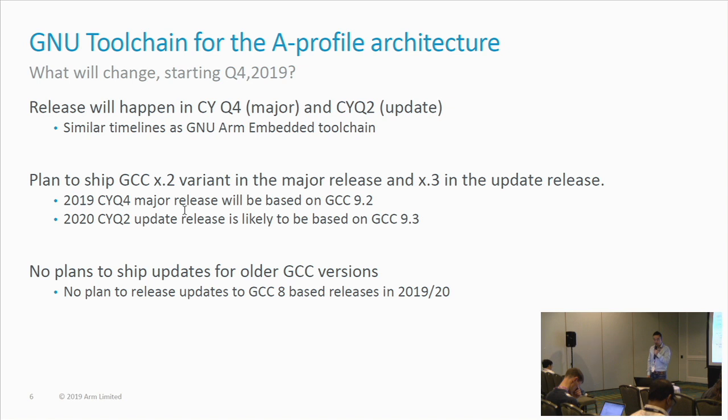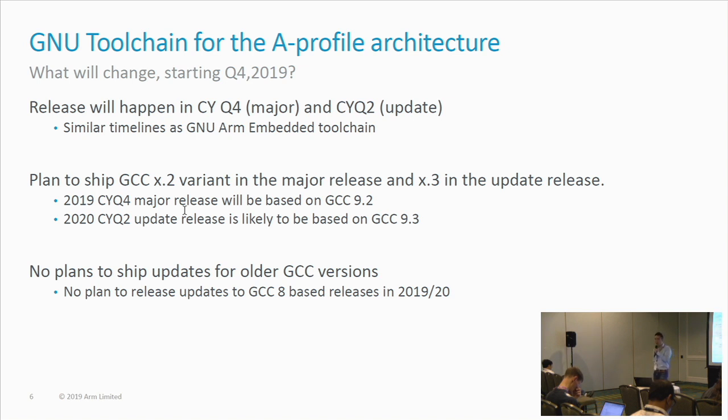As a result of this move, we're going to ship GCC X.2. Originally, if we released in Q3, it would most likely be based on GCC X.1. We're going to build from X.2, and the follow-up release will be based on X.3.